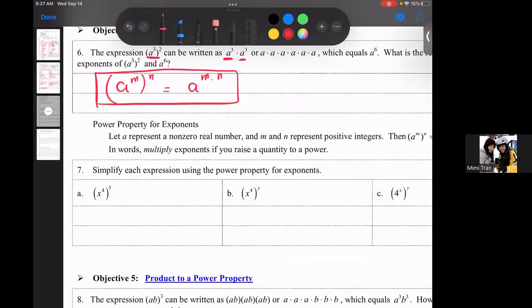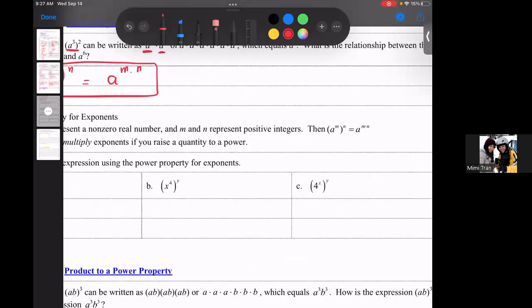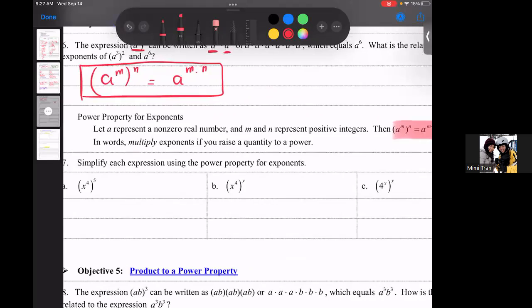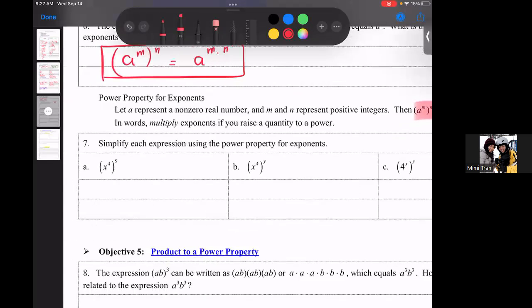Let's try number 7. It's the same thing I wrote up there. I have x to the 4 to the 5th. So according to the power rule, all I have to do is multiply 4 and 5. So x to the 20.